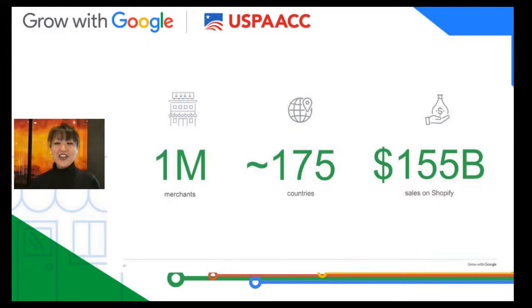Now, these are very large numbers. So you can imagine they know what they're doing, right? Not only do they know what they're doing, but they've become very proficient. So they're one of the top e-commerce platforms that Google has partnered with. So it's not the only ideal scenario, but I think we're getting pretty close.